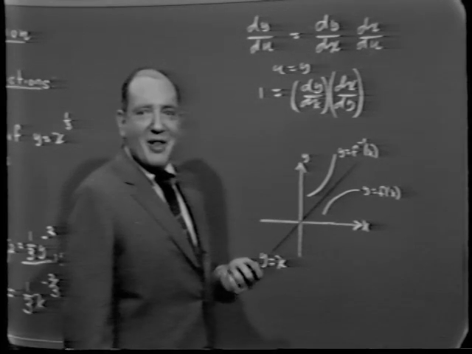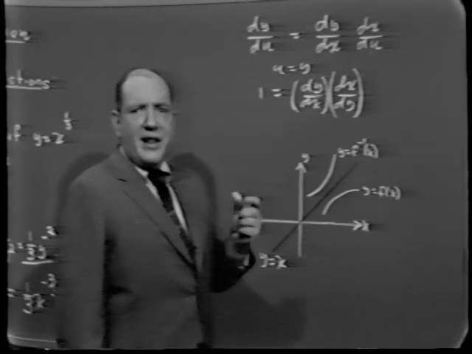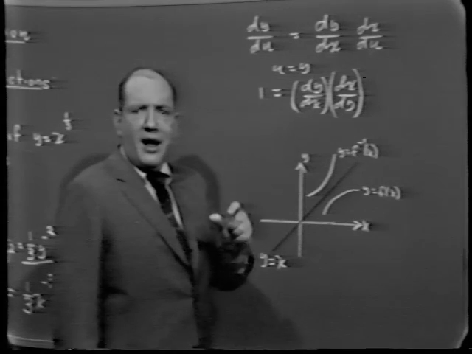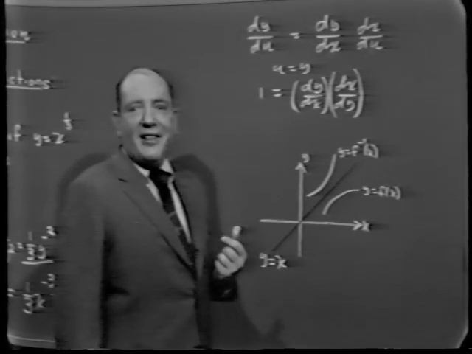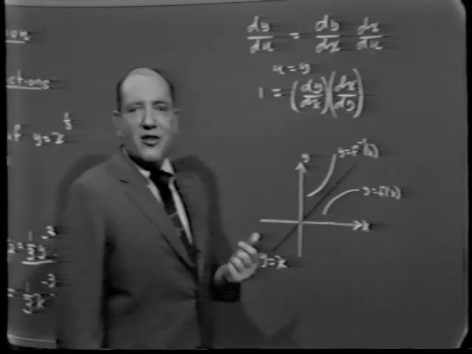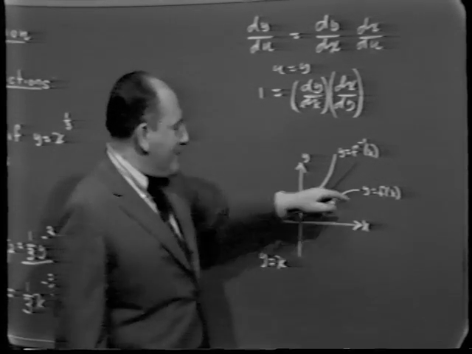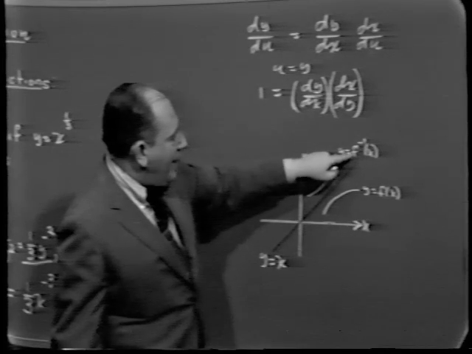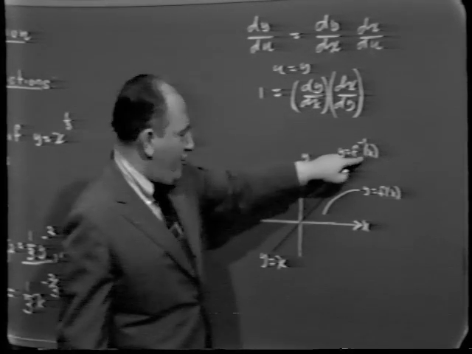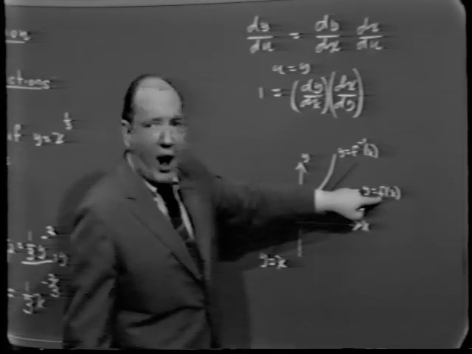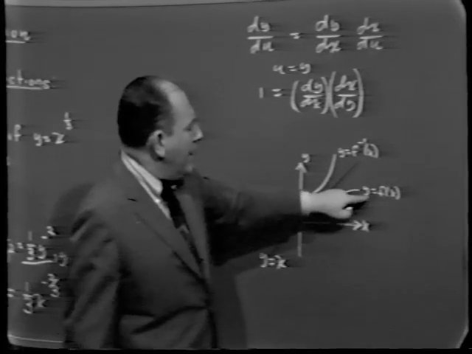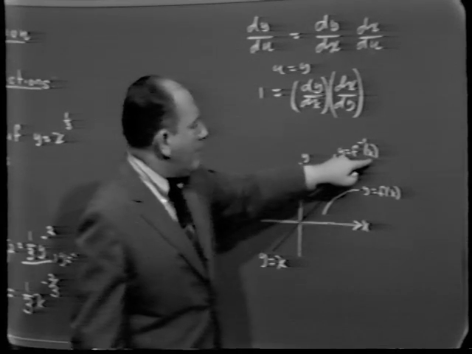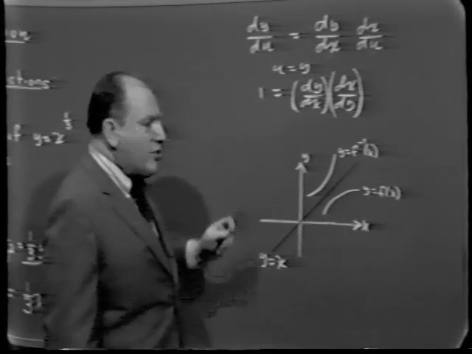Thinking in terms of our function machine, if you interchange the input and the output, and then of the resulting machine again interchange the input and the output, you're back to the original machine. So in this diagram, I could have labeled this curve y equals f of x or g of x, and then this curve would have been y equals g inverse of x. But the important point is what? That y equals f of x and y equals f inverse of x are symmetric with respect to the line y equals x.